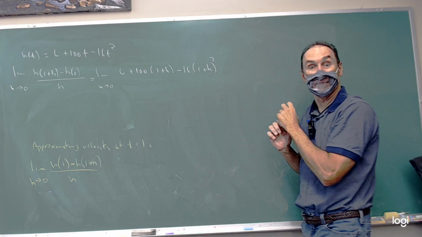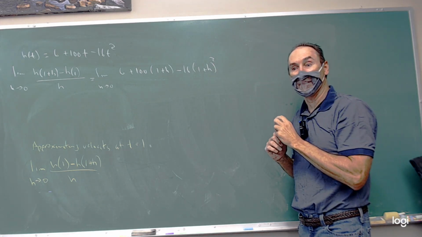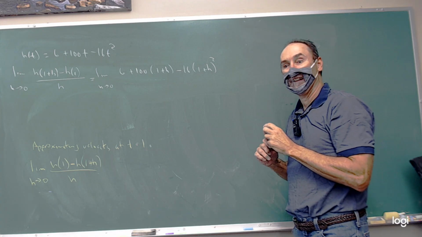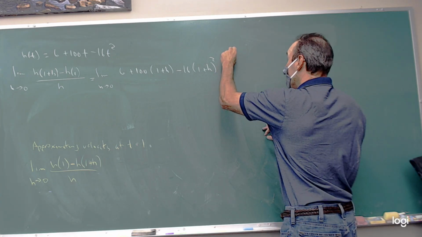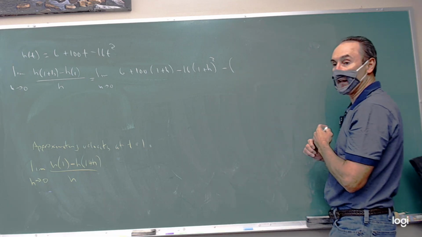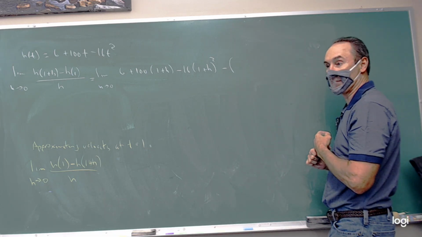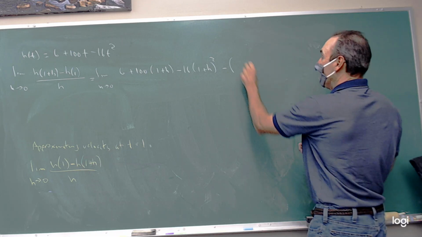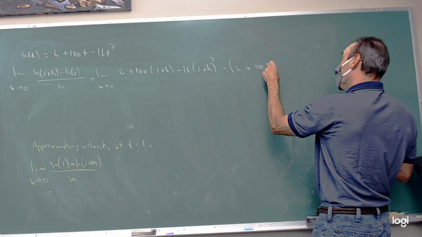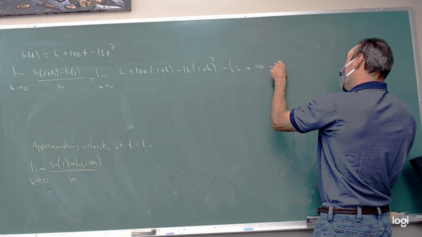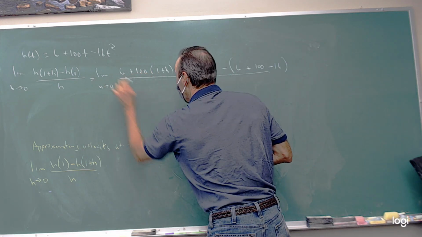Is that okay? Just need time? Okay, now minus. Somebody help Ainsley out. I think she's carried you guys for long enough. 6 plus 100, times 1, minus 16 times 1 squared, all over h.